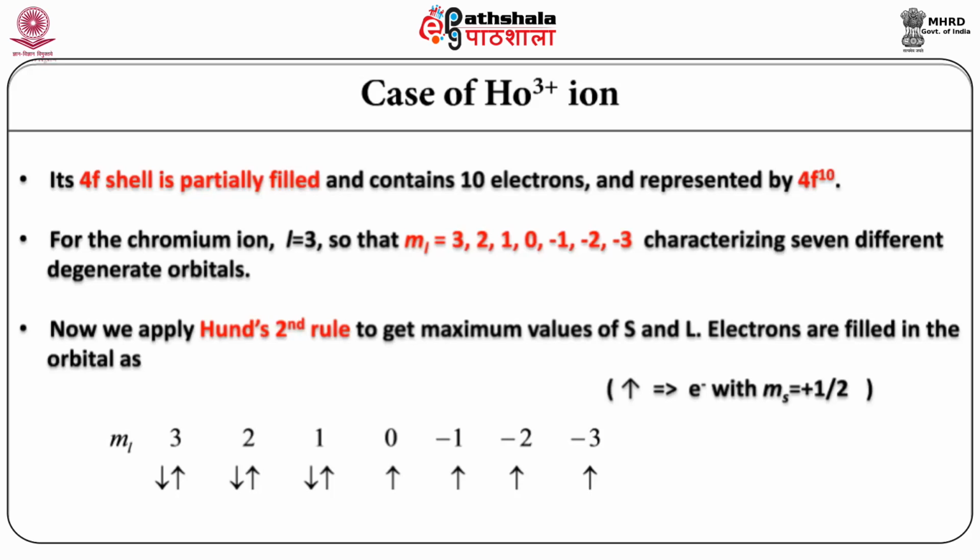Now we start again from the first level, ml equal to 3, and fill it with the down spin, then 2 down spin and 1 down spin. So you can see that the 3, 2 and 1 levels are paired, while the rest, 0, minus 1, minus 2 and minus 3, are unpaired, containing only the up spin electrons.